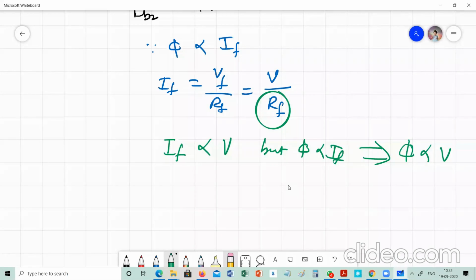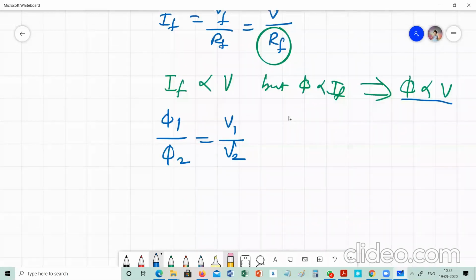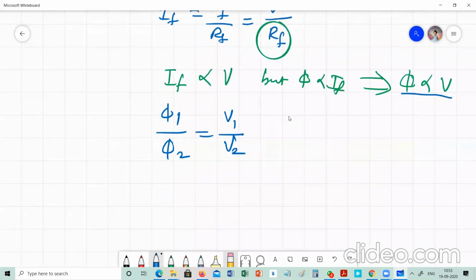From this equation you can write that phi 1 by phi 2 is equal to V1 by V2. कळलं काय? हे कसं आलं ते? काय कळलं नसेल तर विचारा, डाऊट असेल तर विचारा, पुन्हा एकदा सांगतोय. श्वेता, कळलं का? हाँ सर.